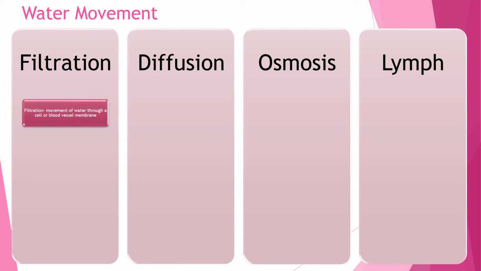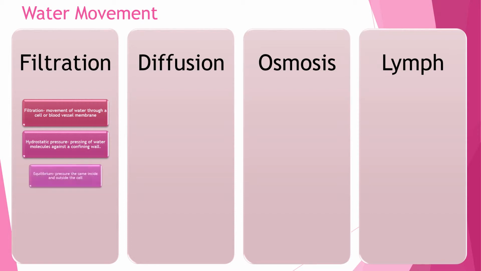Filtration is the movement of fluid through a cell or blood vessel membrane because of hydrostatic pressure differences on both sides of the membrane. Hydrostatic pressure is the constant pressing of water molecules in a confined space outward against confining walls. Equilibrium is established when the hydrostatic pressure is the same in the fluid spaces, resulting in no pressure differences.